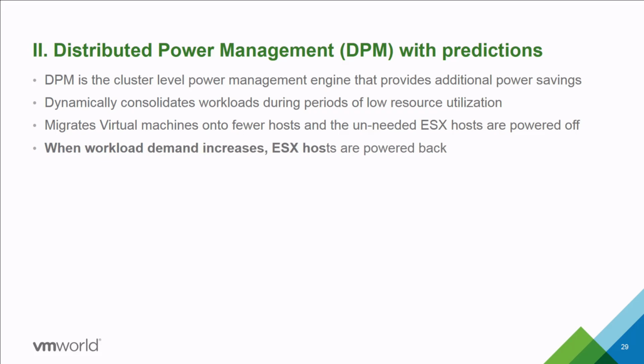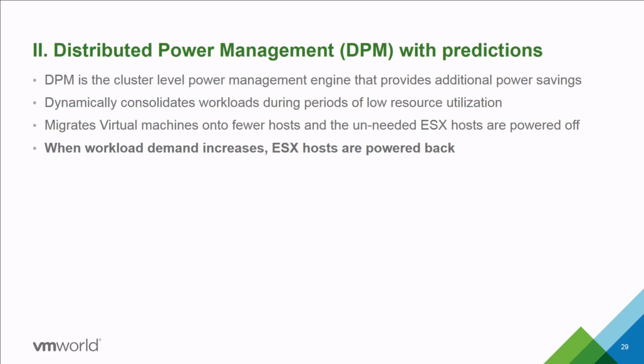So I want to talk about this last statement. When the workload demand increases, whatever hosts were powered off by DPM will be powered back on so that it can accommodate the increased demand. If you see, this is a reactive statement. When the demand increases, DPM will react to it, pick which host needs to be powered back on, and then try to power it on.